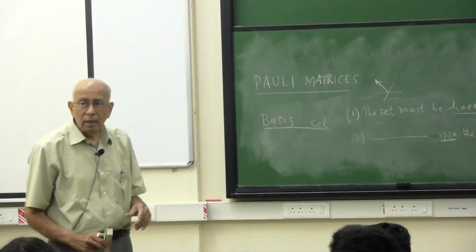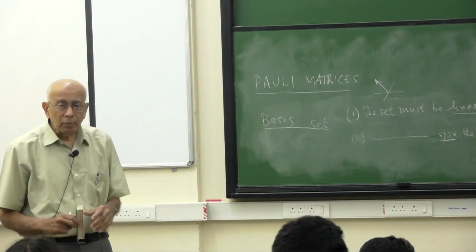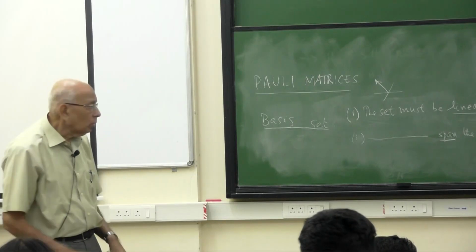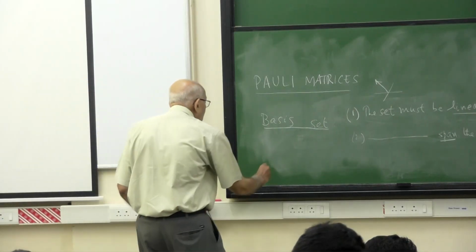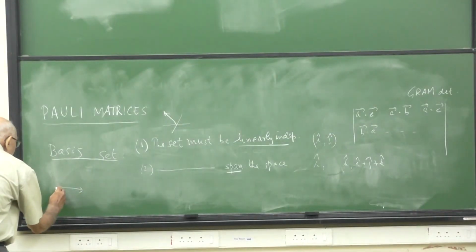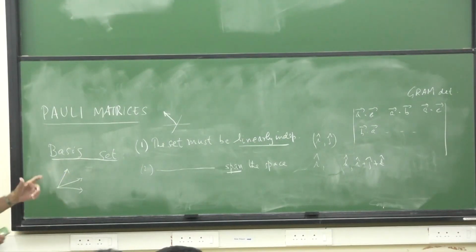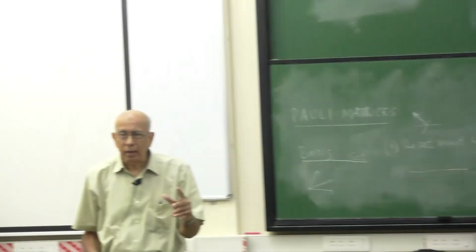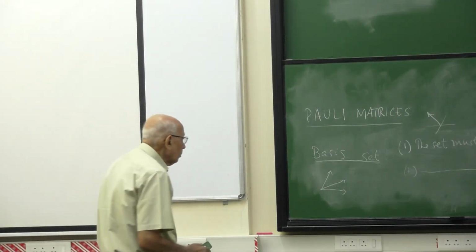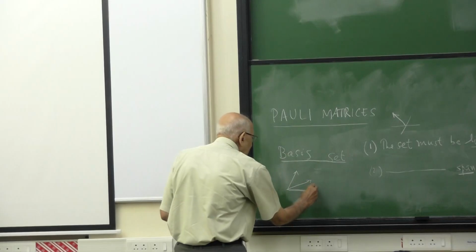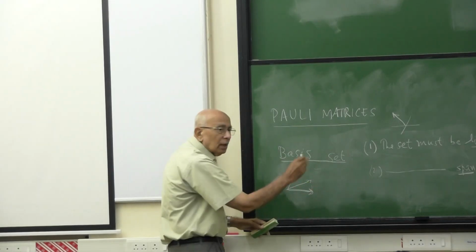Now for the next statement: given a basis set in an n-dimensional linear space, there is a procedure by which you can make the vectors mutually orthogonal. If the basis set in 3 dimensions contained 3 vectors which do not form an orthogonal set, you start off by choosing this vector first, take this vector and project its component along this and subtract that part out.